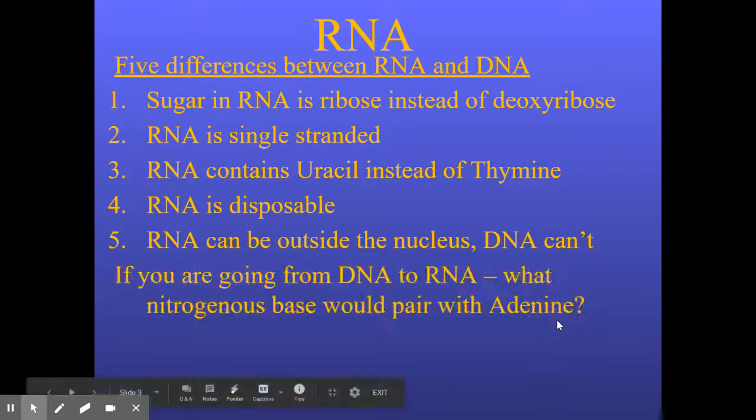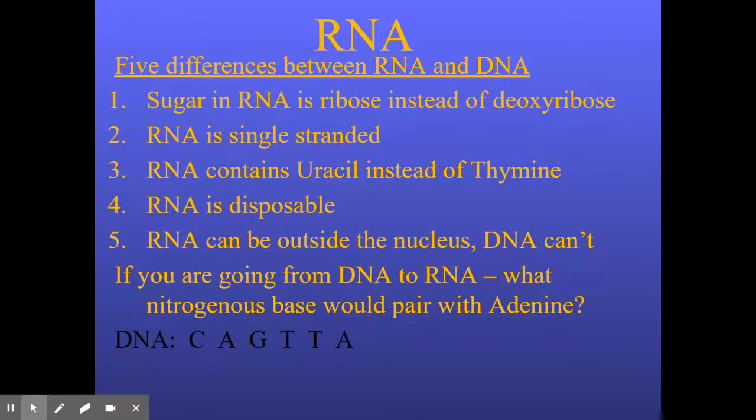So finally, if you're going from DNA to RNA, what base pairs with adenine? Uracil, yeah. So A to U, G to C in RNA. So the thymine is gone. It is turned into uracil.